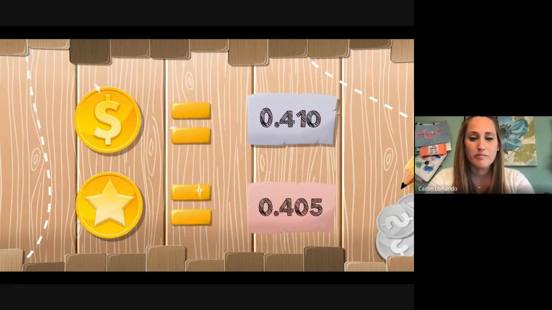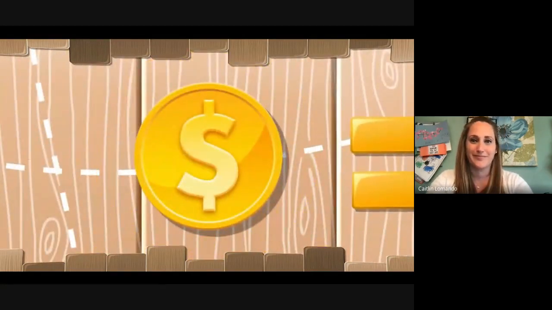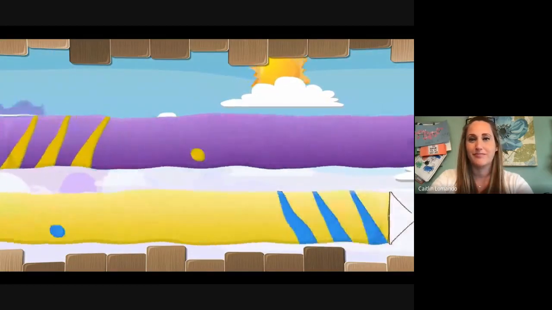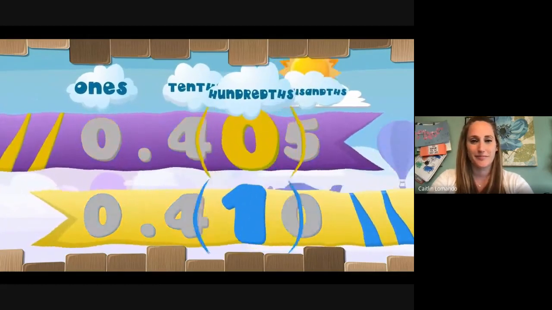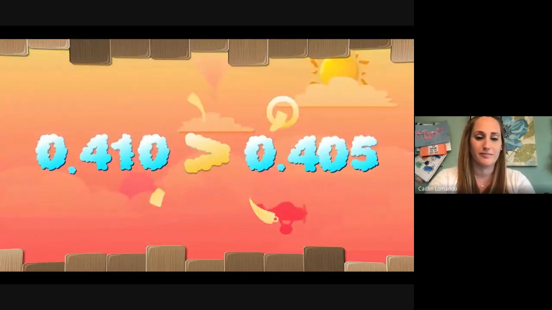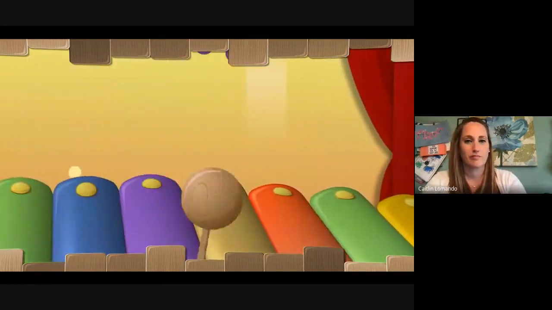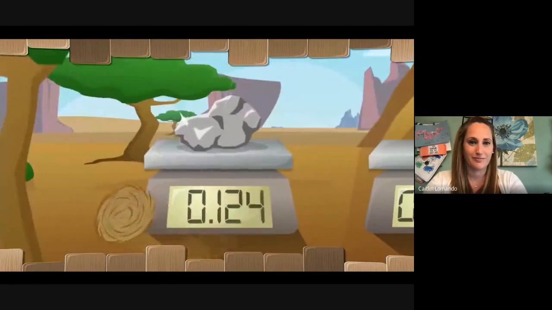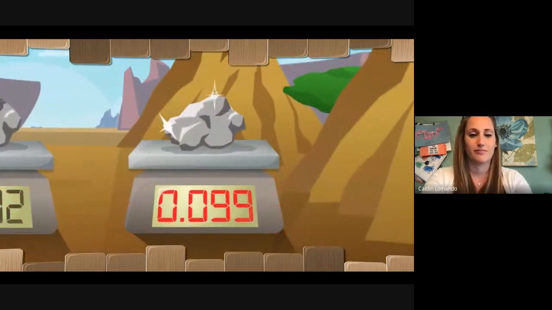One's more than 0. The greater piece I hold is 410 thousandths of a pound of gold. Line up the decimal points vertically. Look left to right horizontally. Compare the greatest place that's different. The greater number will become apparent. I found 2 pieces of silver digging in the ground. One was 102 thousandths of a pound. The other piece was 99 thousandths.